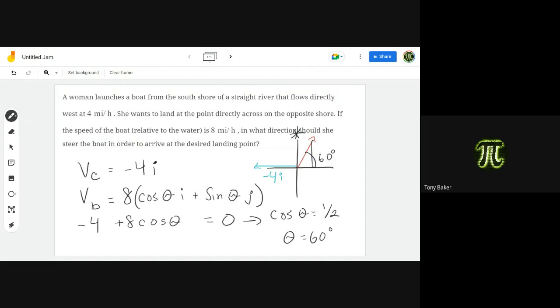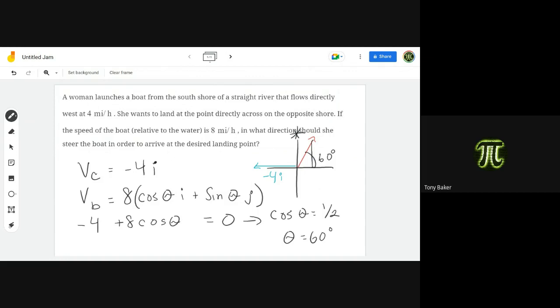If I'm going north, here's the problem. She's not going this direction, right? It's going this way. So she's not steering 60 degrees. She has to steer north 30 degrees east is her bearing.